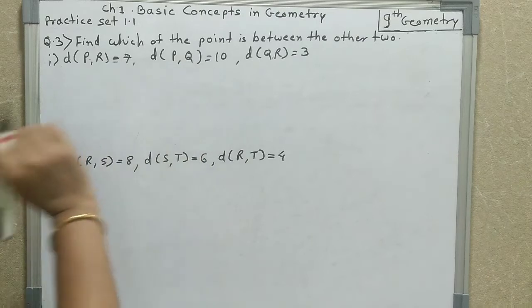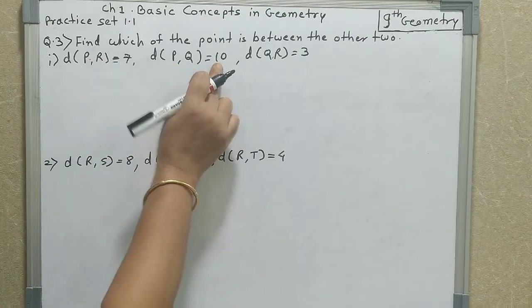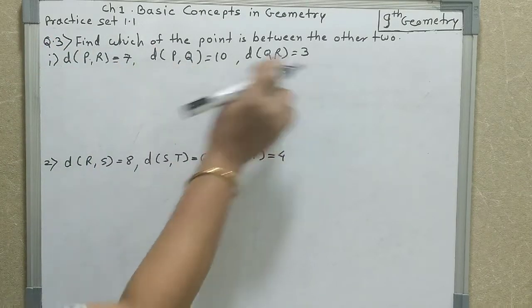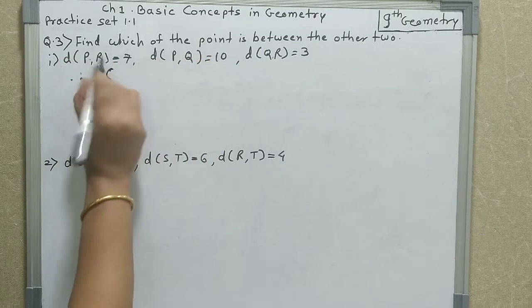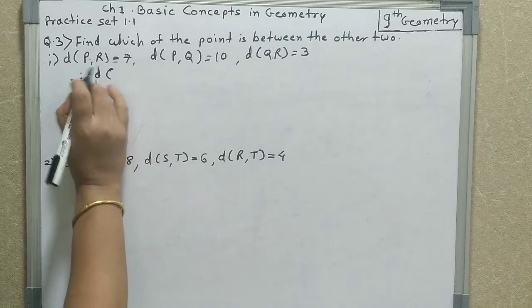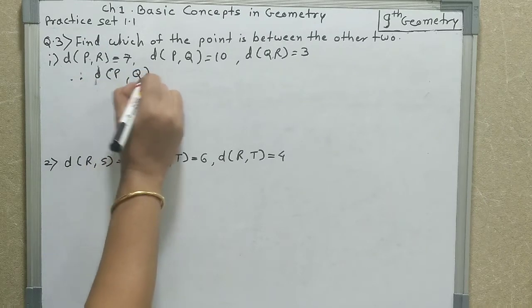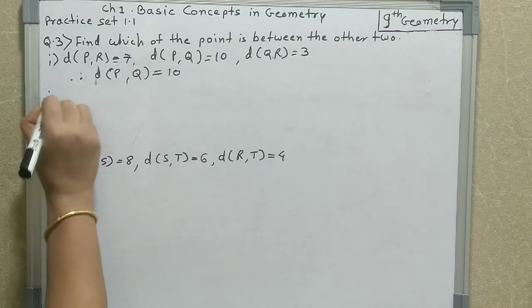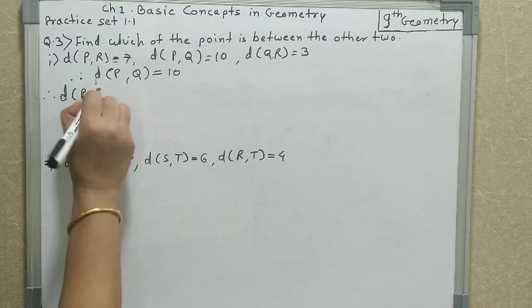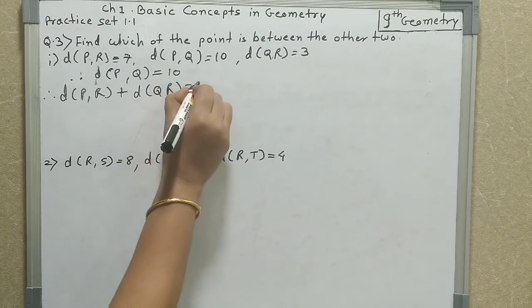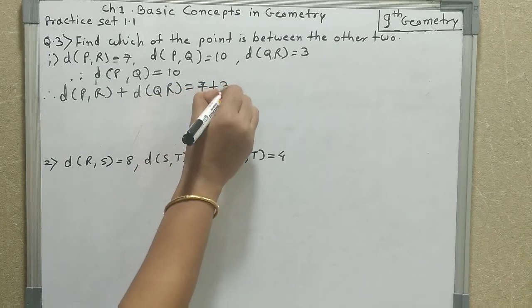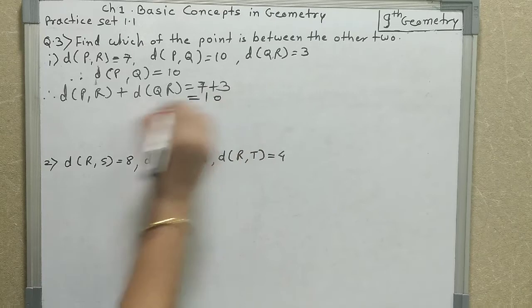So the points are collinear. In this example, the greatest number is 10 and the sum of 7 plus 3 is equal to 10. Therefore, we write here distance PQ is equal to 10. Therefore, distance PR plus distance QR is equal to 7 plus 3, that is equal to 10.